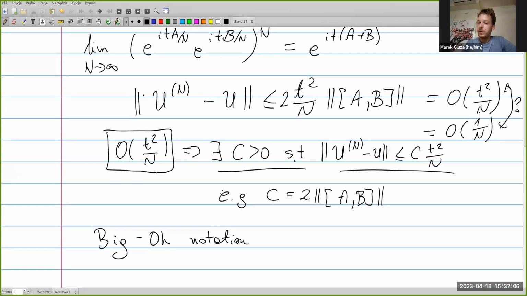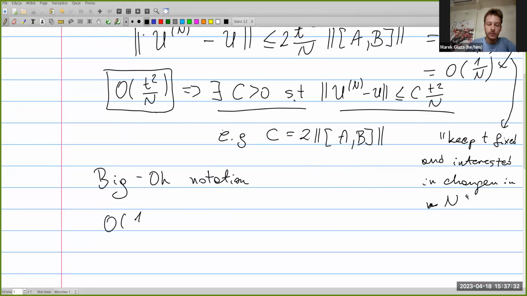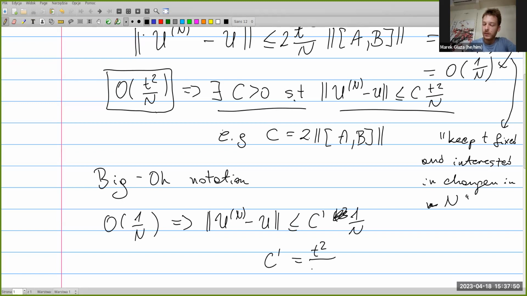This transition means that, for example, if I am doing this transition, then I'm keeping t fixed and interested in changes in n, in capital N. So if I would be writing O of 1 over n, then I would have the bound U_n minus U by a new constant c prime over n, not t squared, and c prime would be then, t would be kept constant, yeah? t times the norm of the commutator of a and b. Okay, so that's the difference.